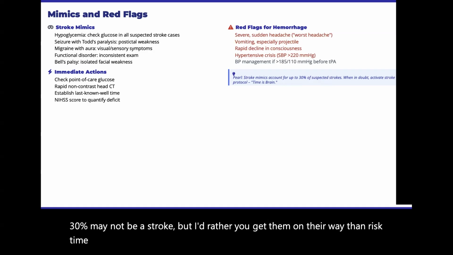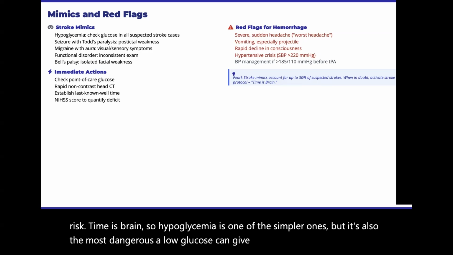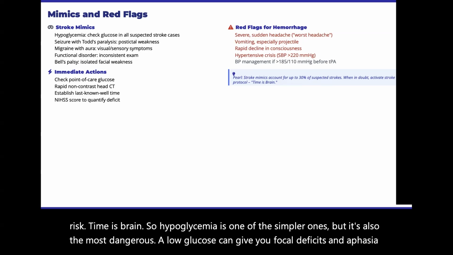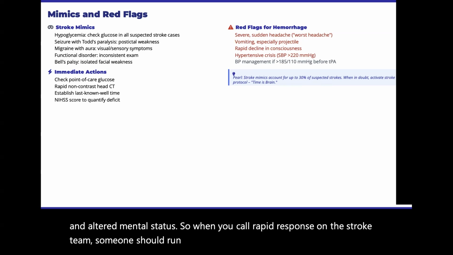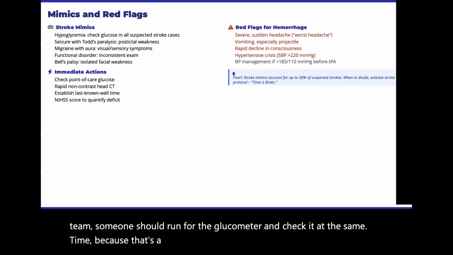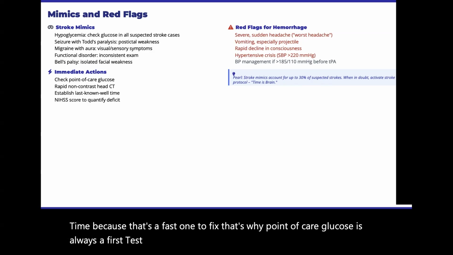Hypoglycemia is one of the simpler ones, but it's also the most dangerous. A low glucose can give you focal deficits, aphasia, and altered mental status. So when you call rapid response and the stroke team, someone should run for the glucometer and check it at the same time, because that's a fast one to fix. That's why point of care glucose is always a first test in someone who looks like they're having a stroke.